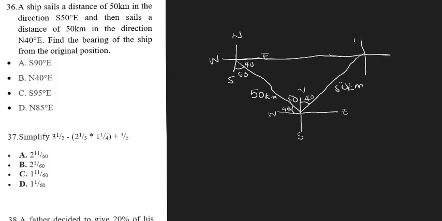The bearing of this position from this point is the angle from here up to where this line moved to, which is what, 90 degrees. From here to here is 90 degrees. So it's 90 degrees southeast. Anyway, you see 90 degrees, it should be the answer. So let's check it. The answer is A.